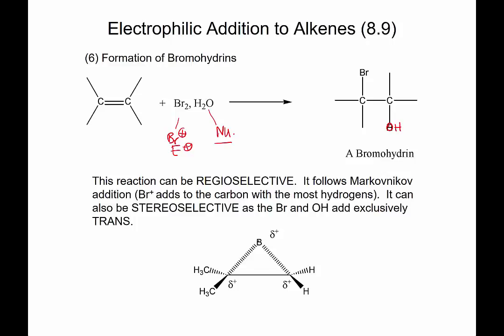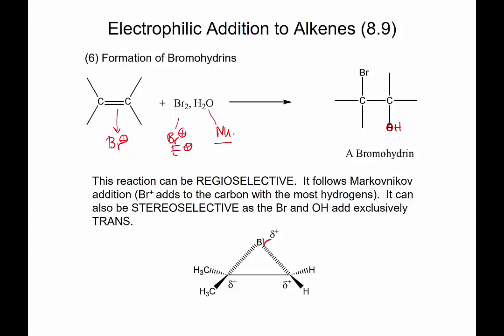What am I going to do? I'm going to add my Br+ to the double bond. And what am I going to make? I'm going to make a triangular intermediate, just like you do for bromination.